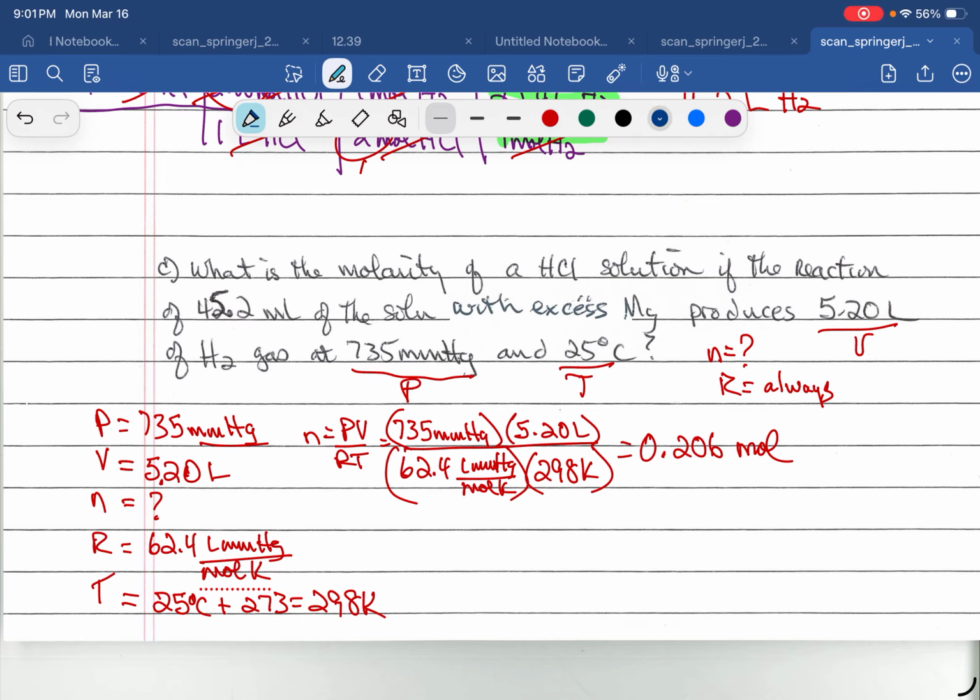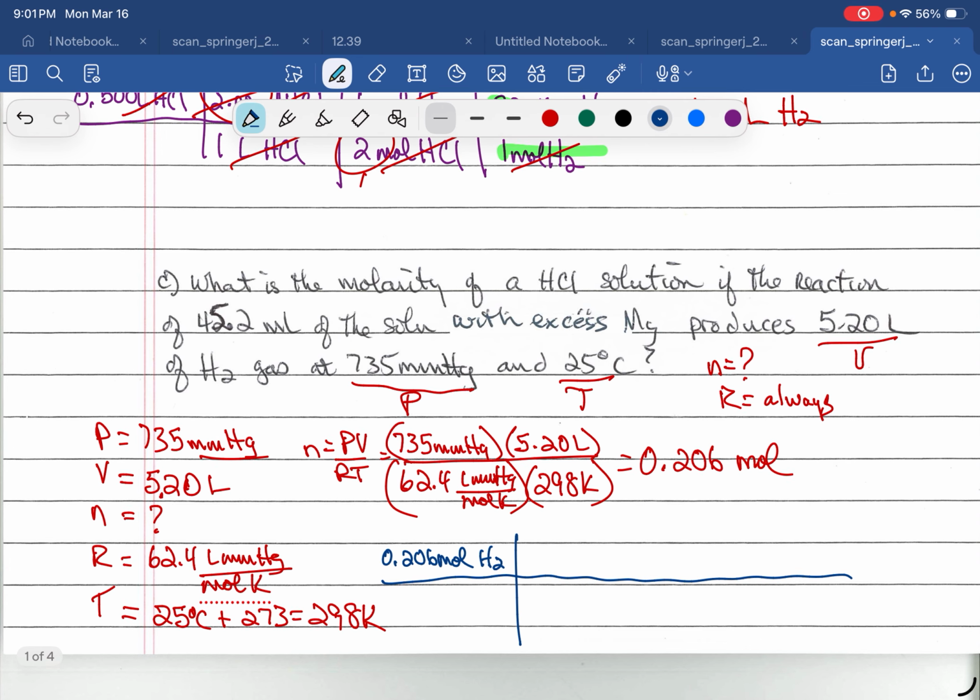I'm going to start then with 0.206 moles of hydrogen gas. I need to go from there to my mole ratio. I'm looking for moles of HCl, so 2 moles HCl for every 1 mole of H2.